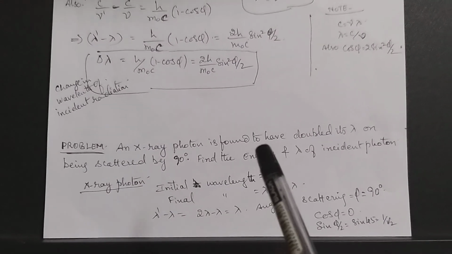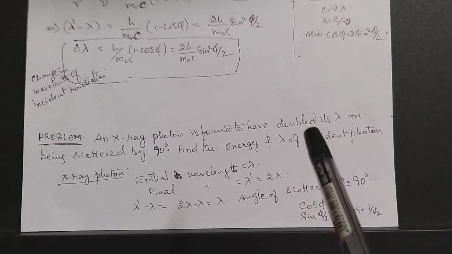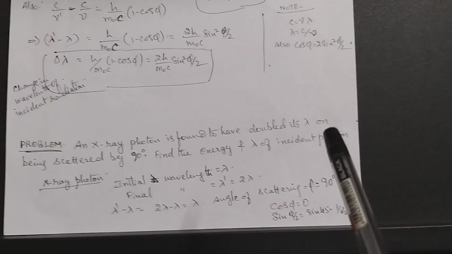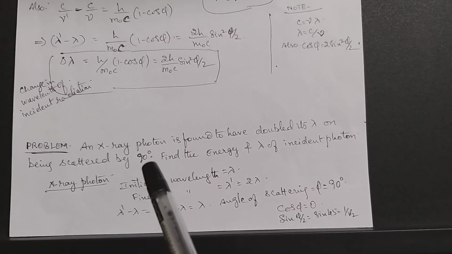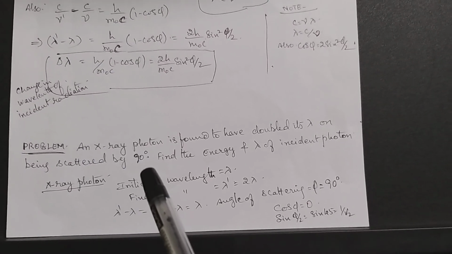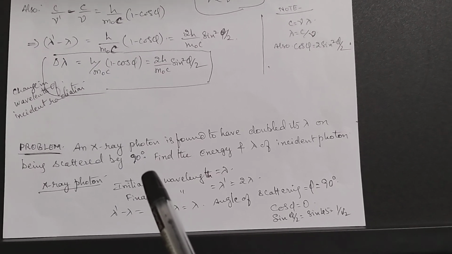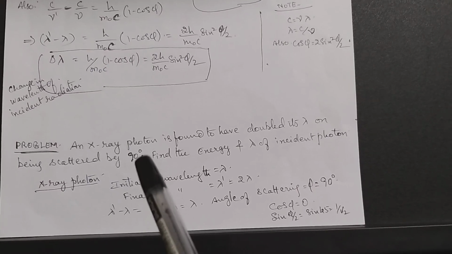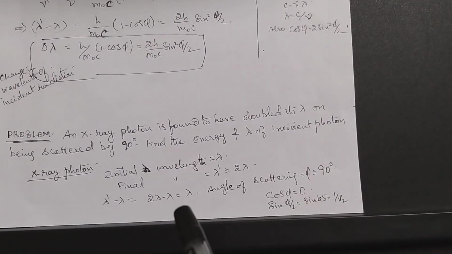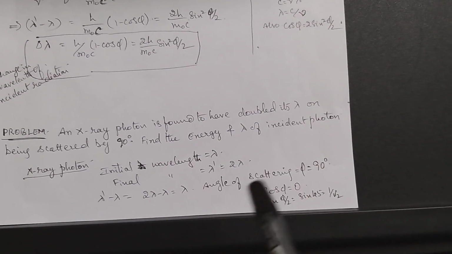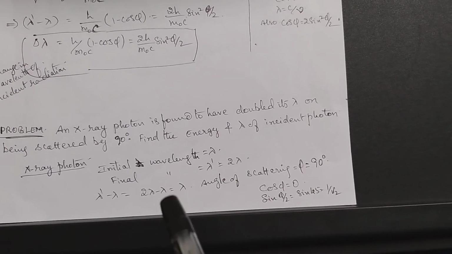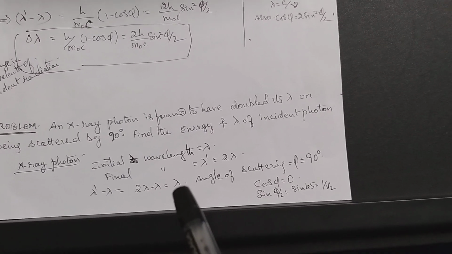Now we have a problem where an X-ray photon is found to have doubled its wavelength on getting scattered by 90 degrees. So phi is 90 degrees, and since the wavelength is doubled, lambda dashed is equal to 2 lambda. Initially the wavelength was lambda, finally it is 2 lambda, so the difference is lambda. If you place it in the equation, it is a simple problem.